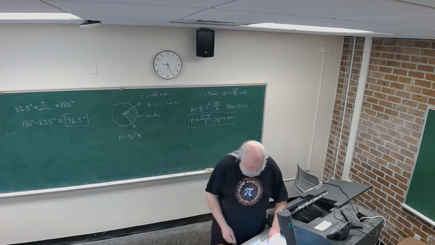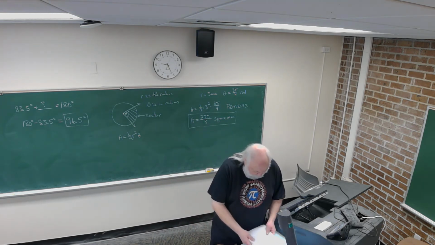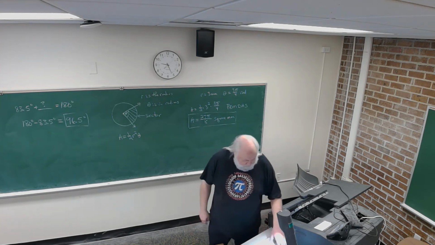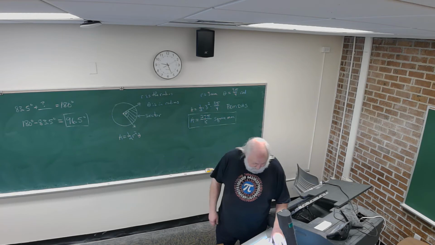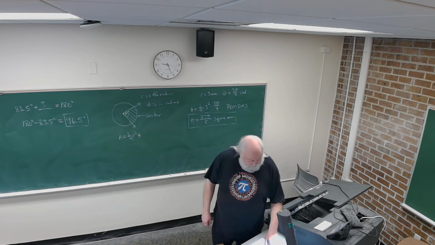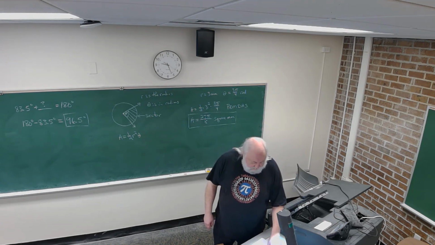Now, page 4, I'll let you read on your own. That's just different terminology. You can read through that on your own. You don't need to read through it together. And then up here in this table are common angles in both degree and radian measure.